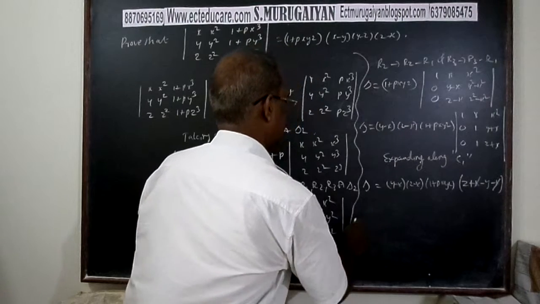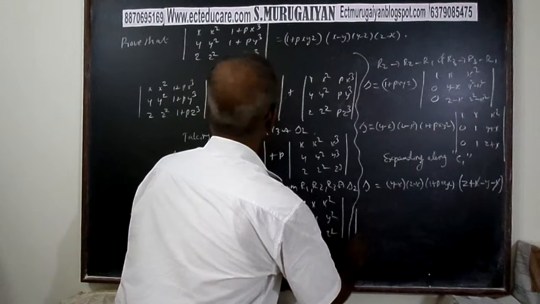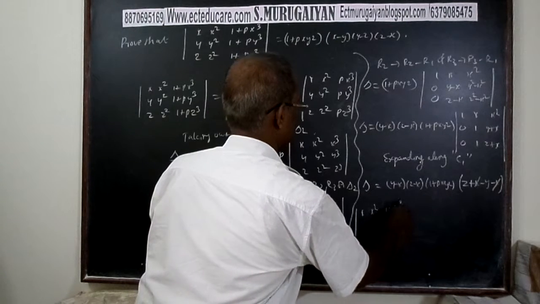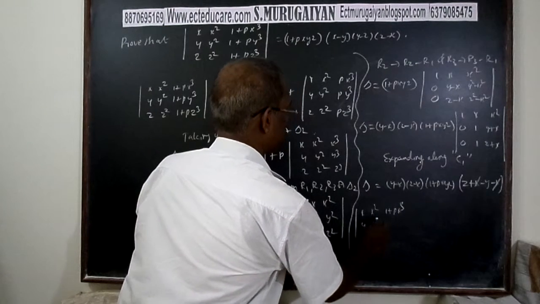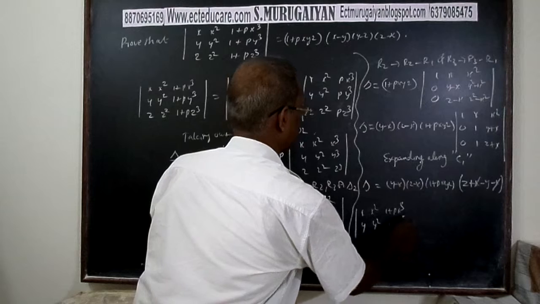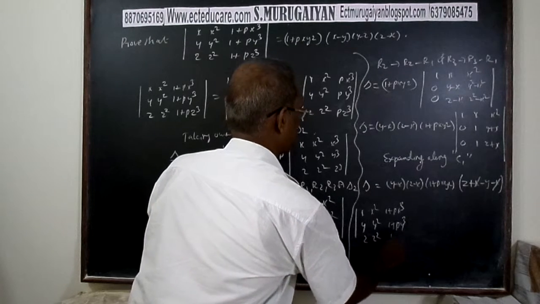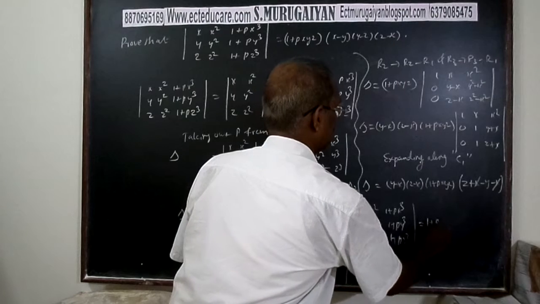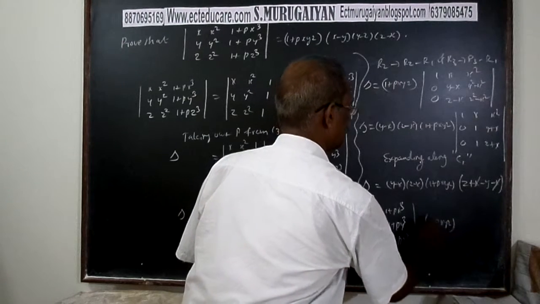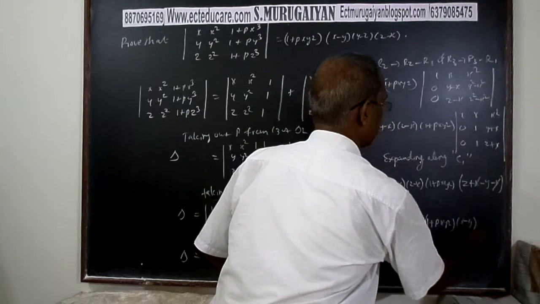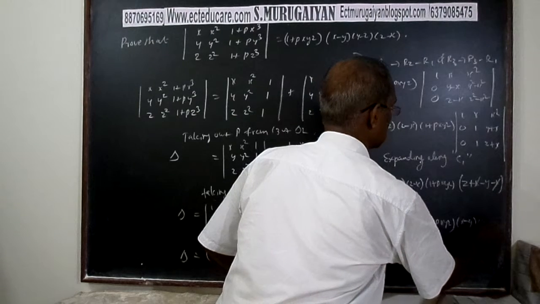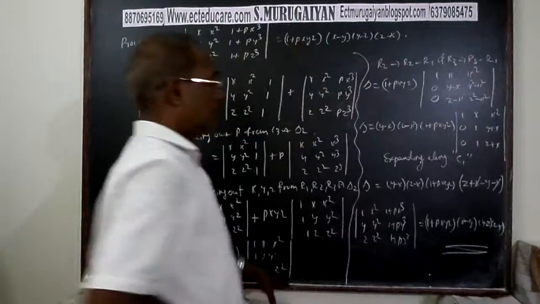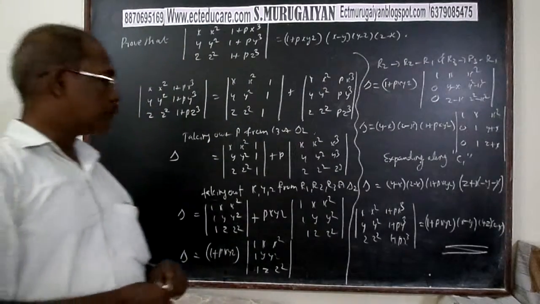Writing in cyclic order, the determinant x square, 1 plus p x cube; y square, 1 plus p y cube; z square, 1 plus p z cube is equal to 1 plus pxyz into (x minus y), (y minus z), (z minus x). This is the required result, hence the proof.